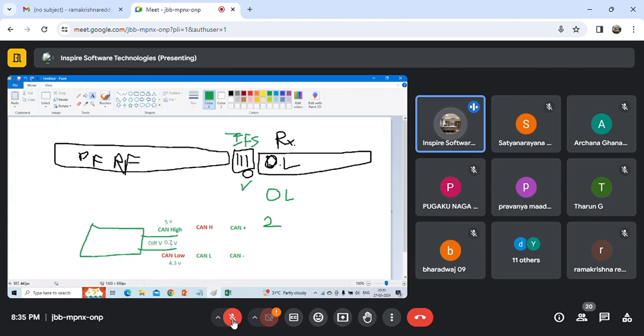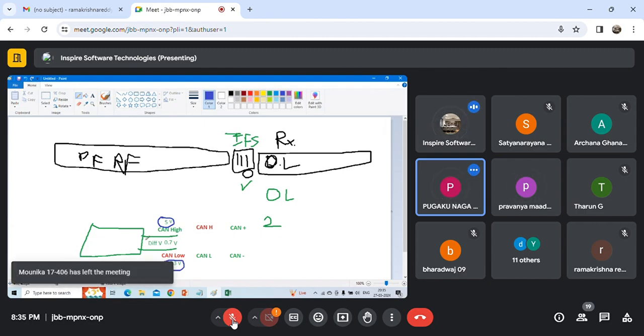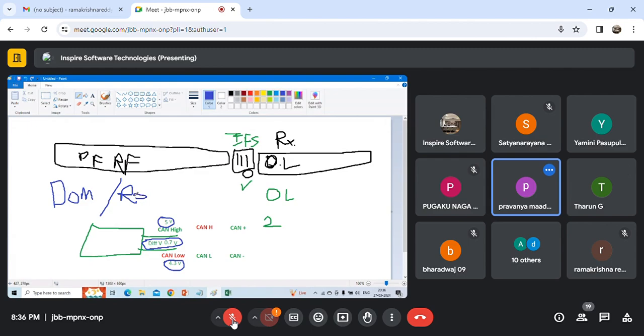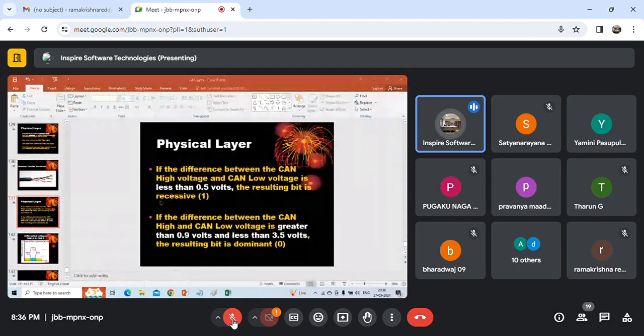So will this be considered as dominant or recessive, in this particular case? I want an answer from everybody. 5 volts is CAN high, 4.3 is CAN low. Now the differential is 0.7. So is it dominant or recessive? Recessive? What is the rule?